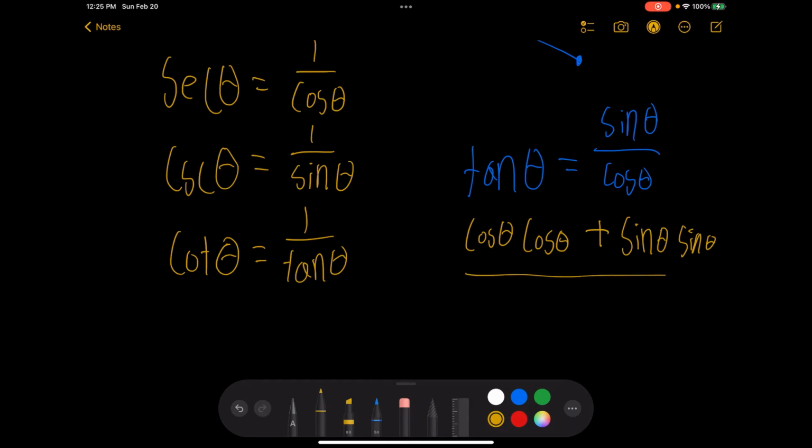And all over cosine squared theta means that the derivative of tan theta is actually going to be equal to, because trig identities tell you, 1 over cosine squared theta. You could say the derivative of tan theta is 1 over cosine squared theta, or you could just say the derivative of tan theta is secant squared theta.